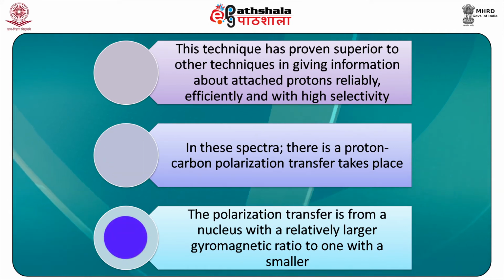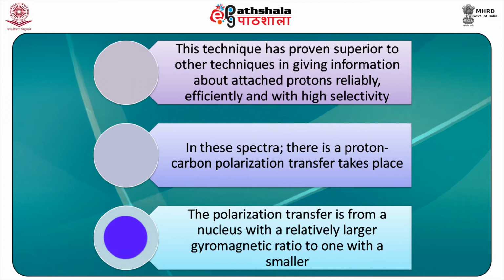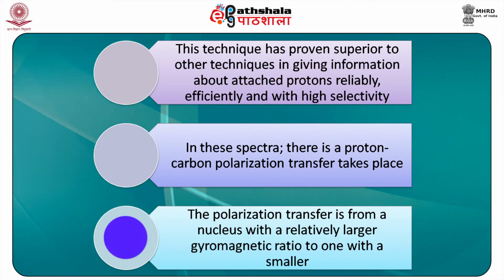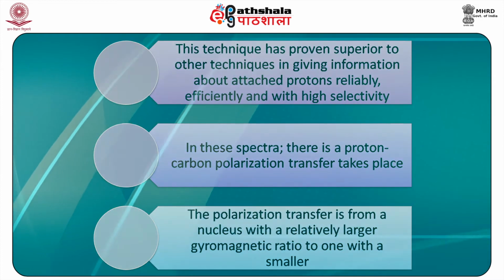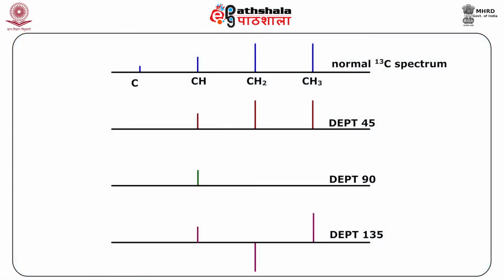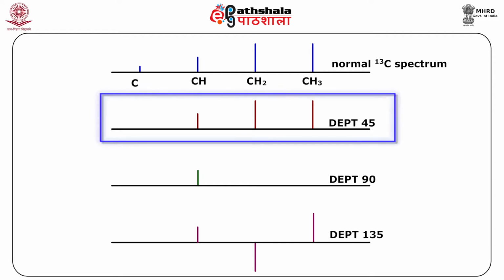The polarization transfer is from a nucleus with a relatively larger gyromagnetic ratio to one with a smaller. There are three types of DEPT spectra which can be recorded, noted by numbers. For example, DEPT 45 gives a positive signal for any carbon with an attached proton.